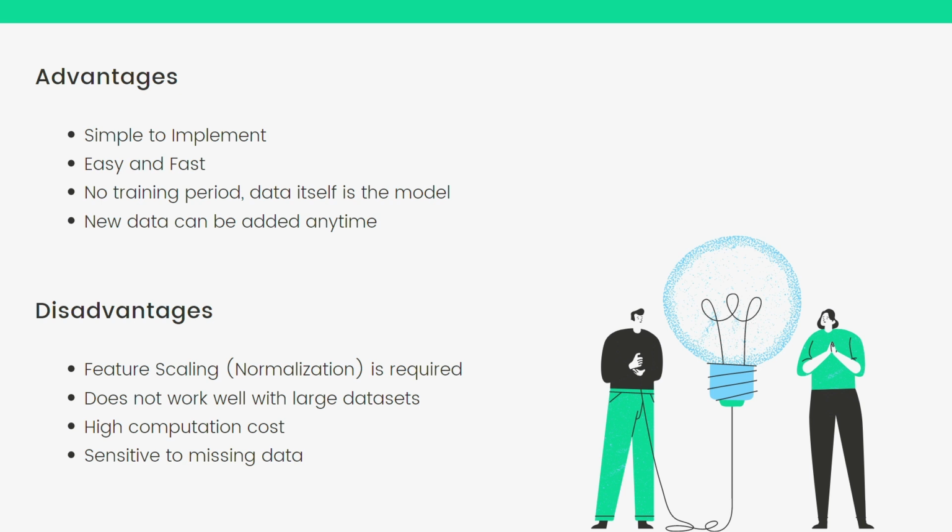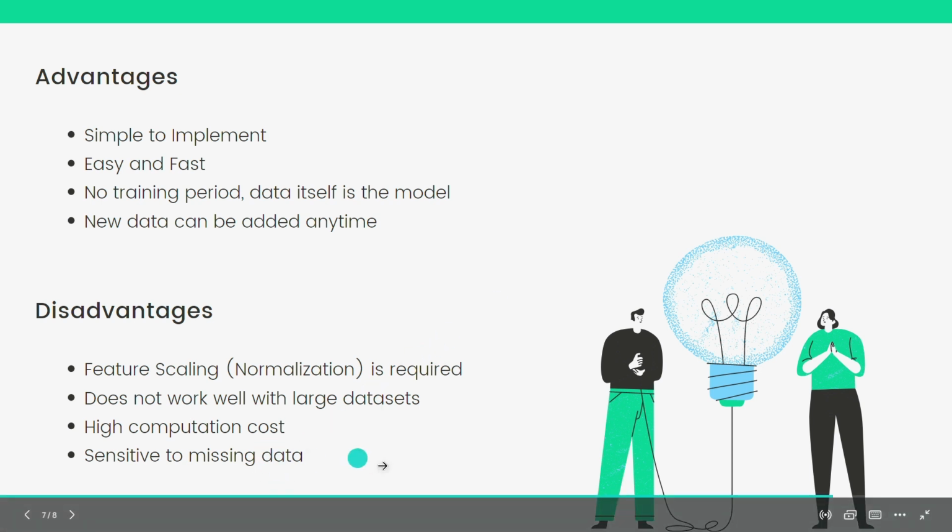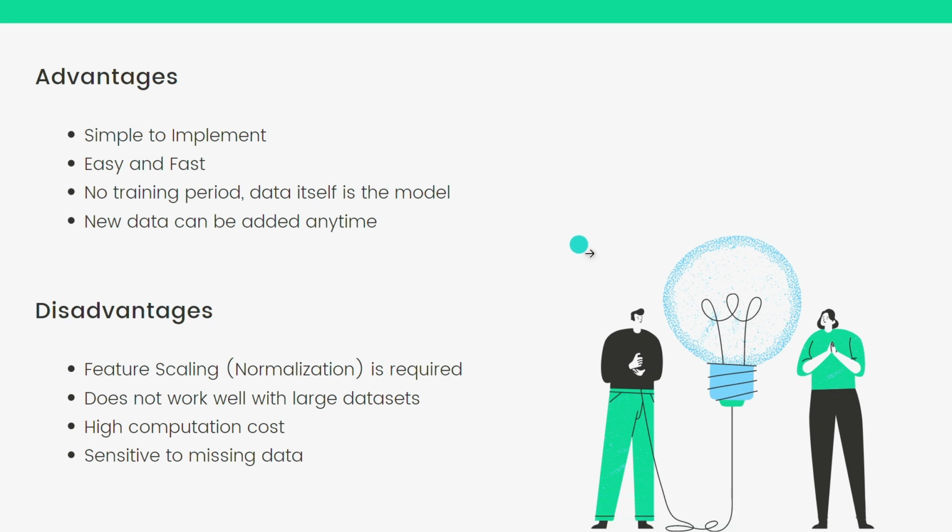So when there is missing data, there is a discrepancy, and the model is really sensitive and it cannot properly handle this missing data. However, KNN can be used to fill the missing data, but if the missing data is present for the KNN model, then it is not good.